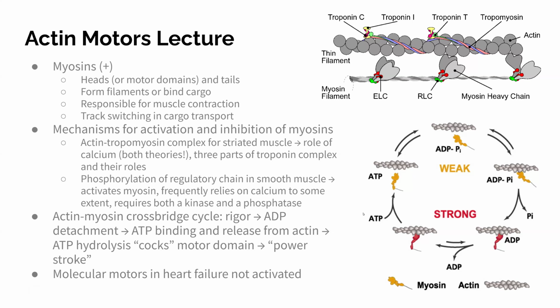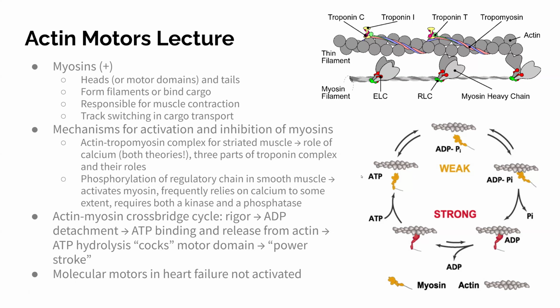So the actin-myosin cross-bridge cycle. First you start in rigor, and then the ADP will detach and now an ATP comes in and binds to this component, and you're into this weak association.